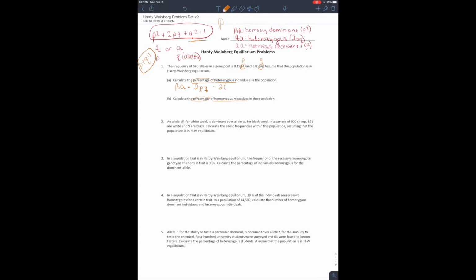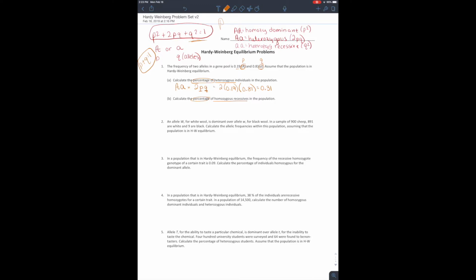2 times p, which is 0.19, times q, which is 0.81, and then you multiply them together and you should get 0.31. Now, it is not asking you for the fraction or the decimal.